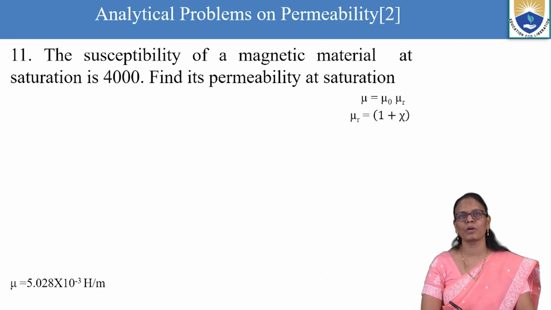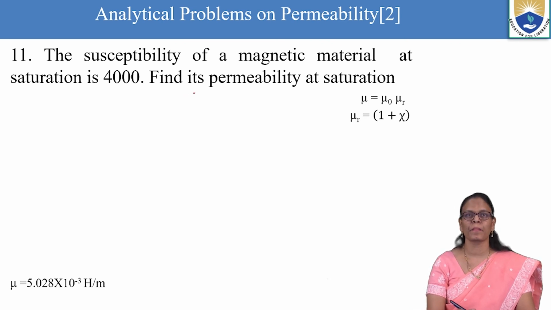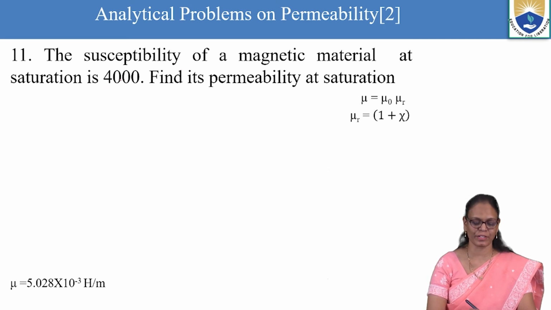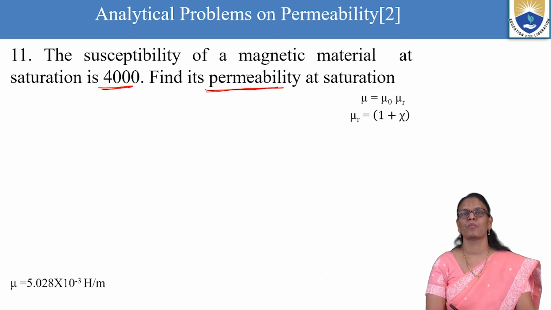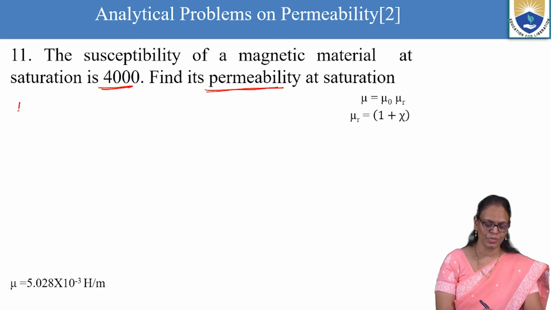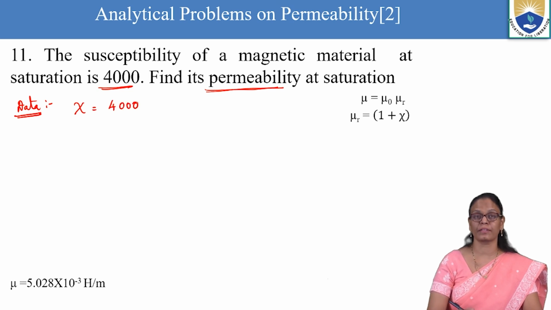One more problem, the last one we'll see. The susceptibility of a magnetic material at saturation is 4000. Find its permeability. Very simple numerical. So, the data given here is susceptibility 4000.